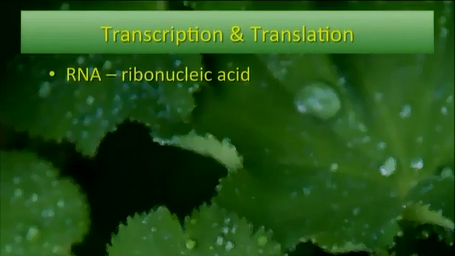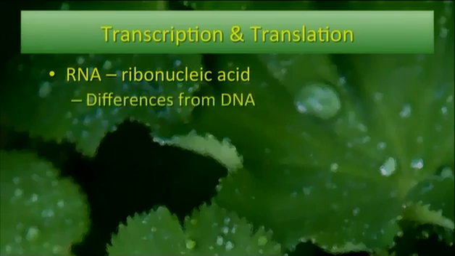Now we also have RNA. Transcription and translation are parts of protein synthesis. Transcription happens when DNA codes for RNA, or ribonucleic acid, especially messenger RNA. There are differences between DNA and RNA. RNA is shorter, DNA is longer.